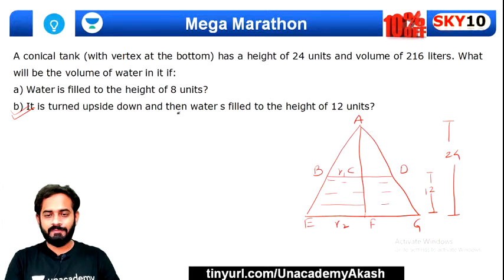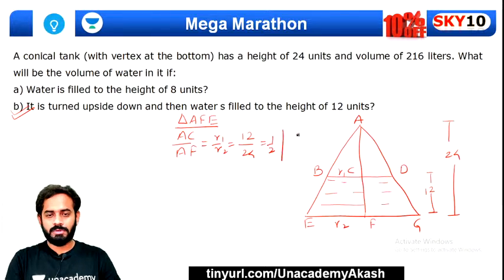In triangle AFE, according to the proportionality theorem, what will we have to write? AC upon AF is equal to R1 upon R2. That is, AC is 12, AF is total 24, that is 1 by 2. From here, twice R1 is equal to R2.